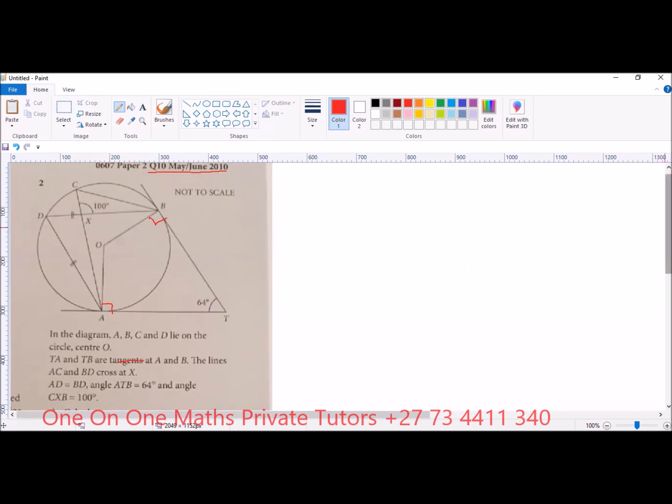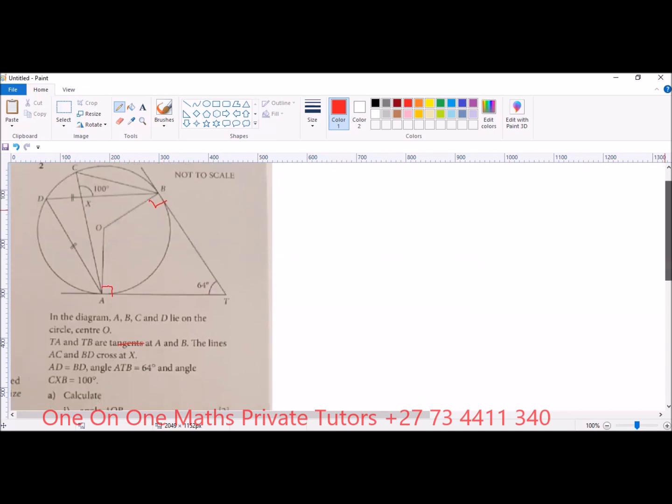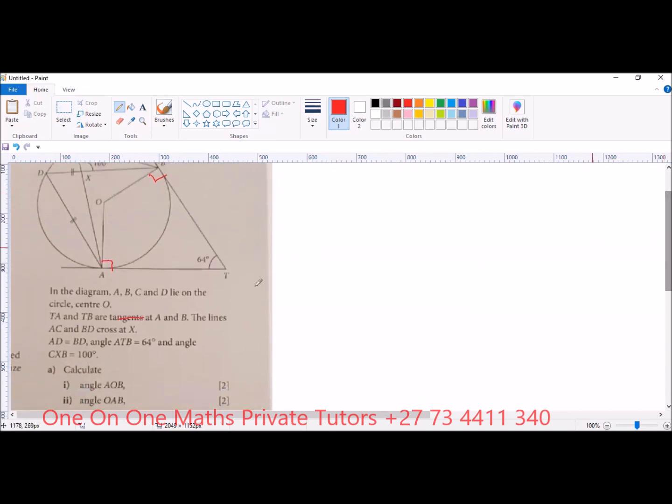Start thinking about triangles, isosceles triangle. AD is equal to BD, so this side is equal to that side.